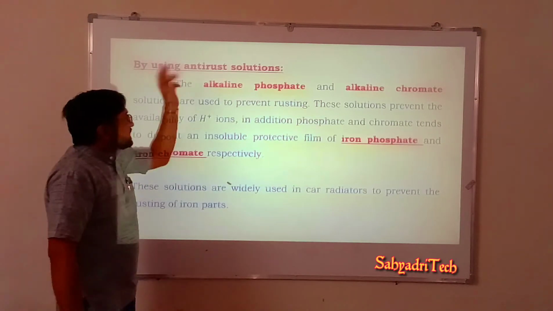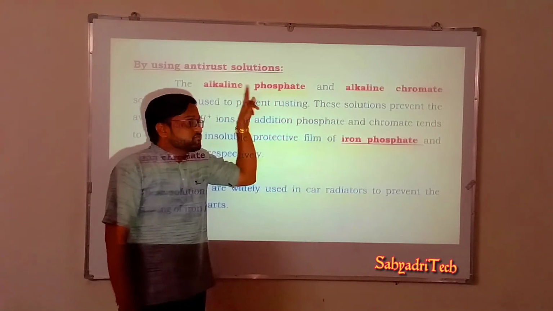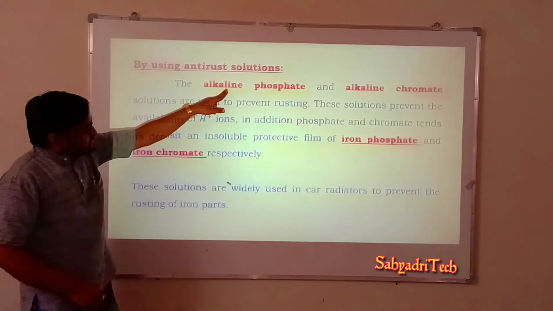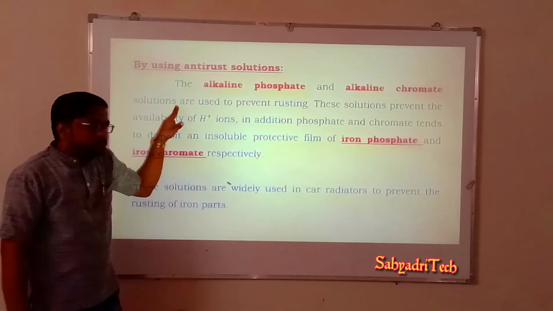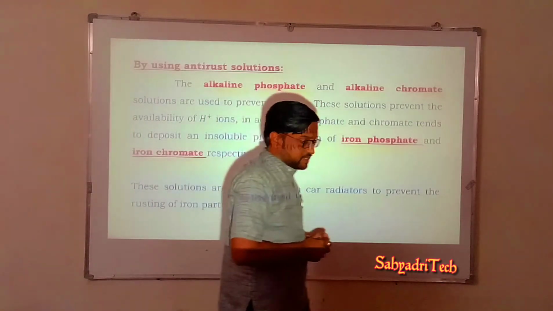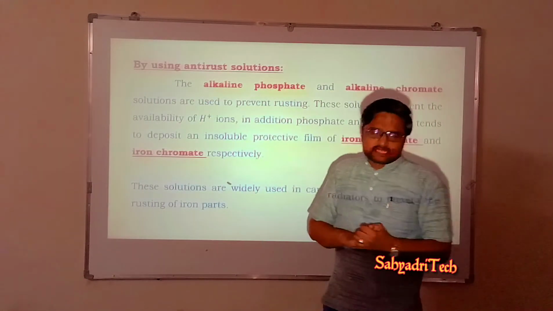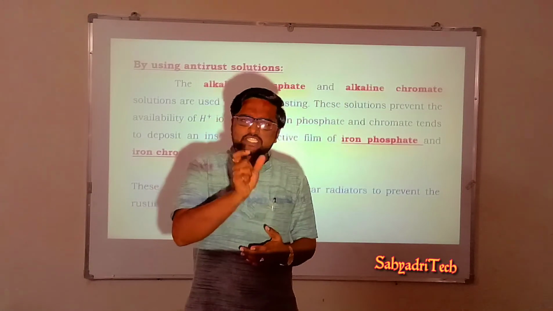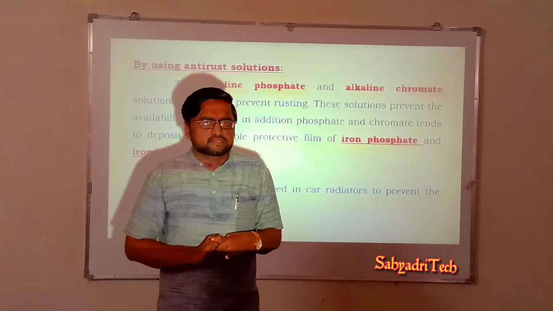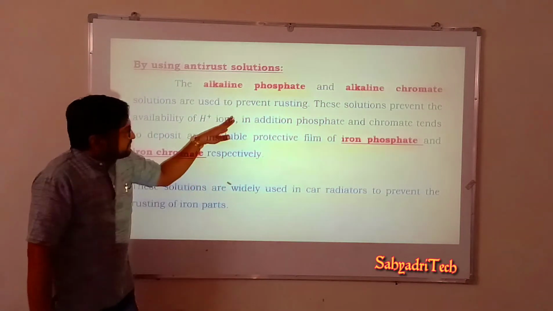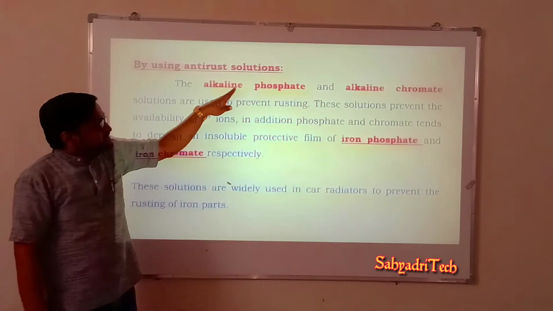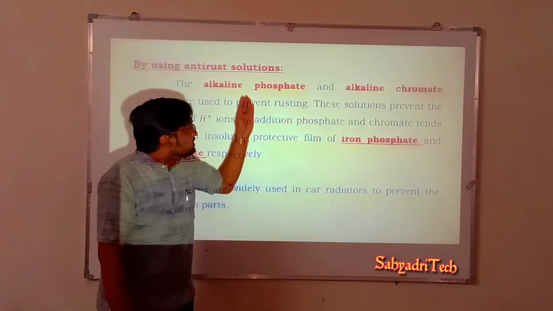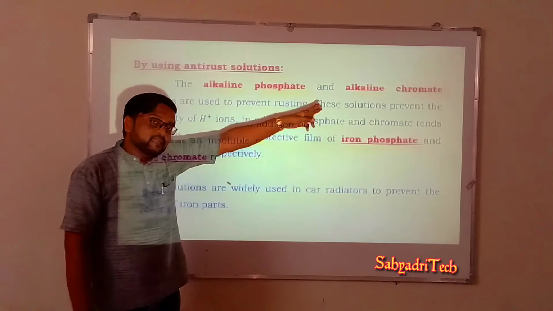Basically, these anti-rust solutions are alkaline phosphate or alkaline chromate solutions. They are used for preventing rusting. Okay. Well, we know basically rusting takes place in acidic medium. In the sense, in presence of H plus ions, rusting of iron takes place. Now here, the surface of iron is coated with either alkaline phosphate or alkaline chromate solution.